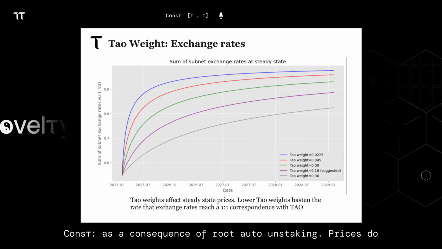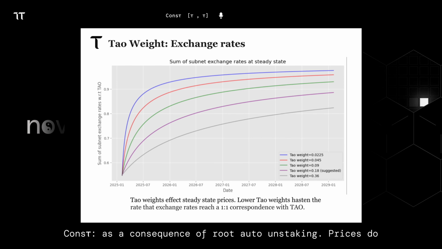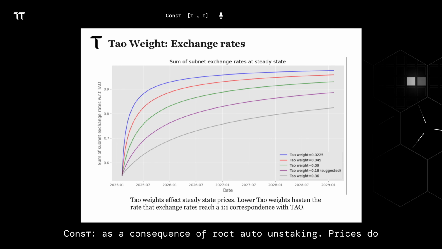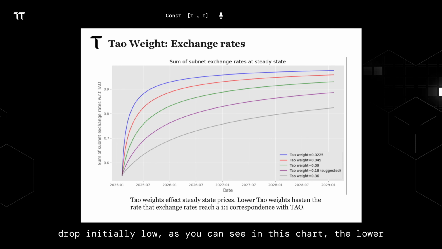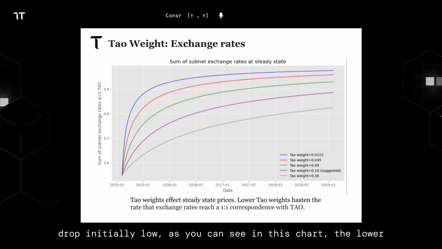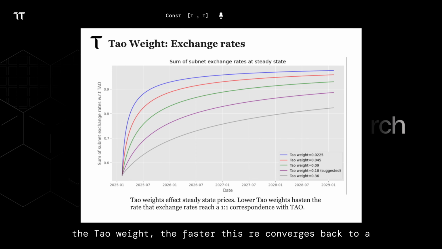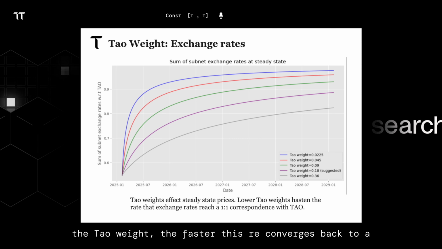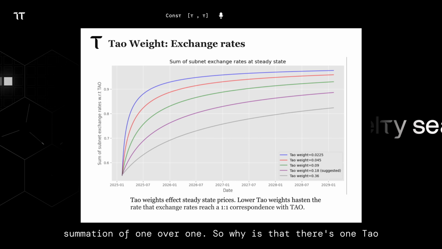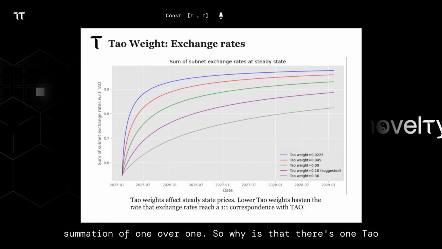As a consequence of root auto unstaking, prices do drop initially low, as you can see on this chart. The lower the tau weight, the faster this reconverges back to a summation of 1. So why is that?